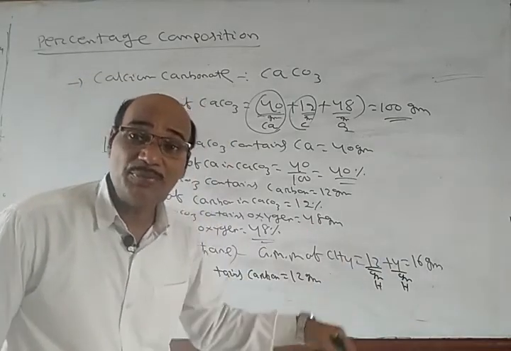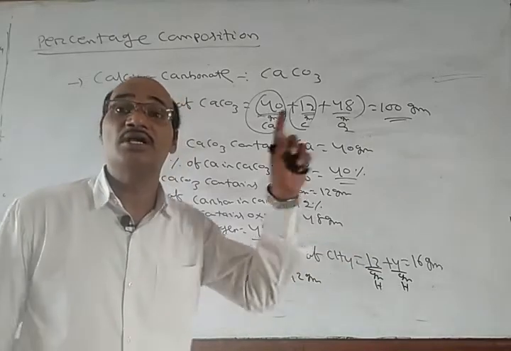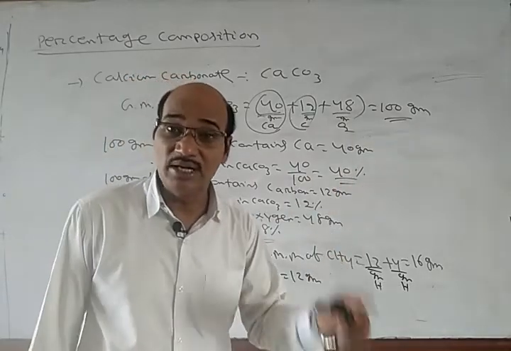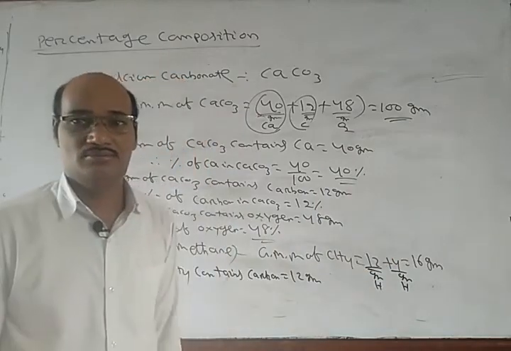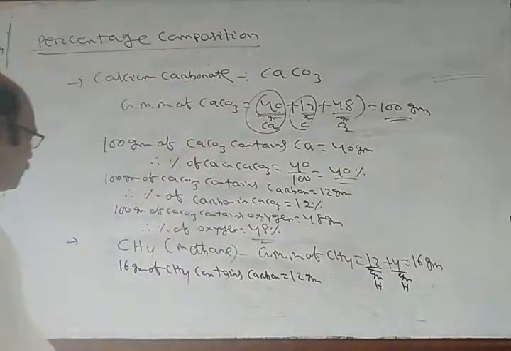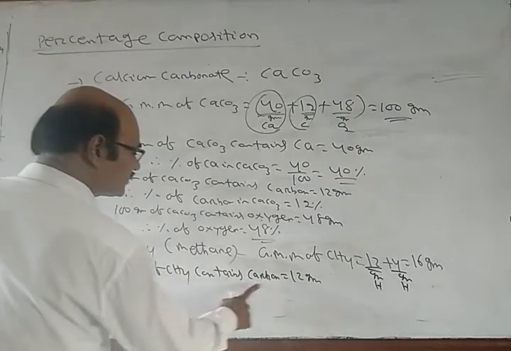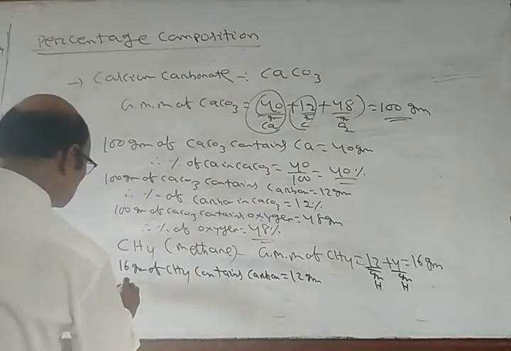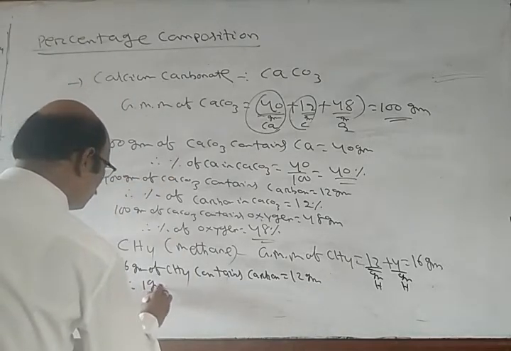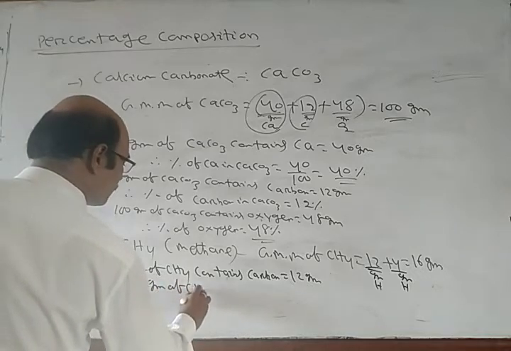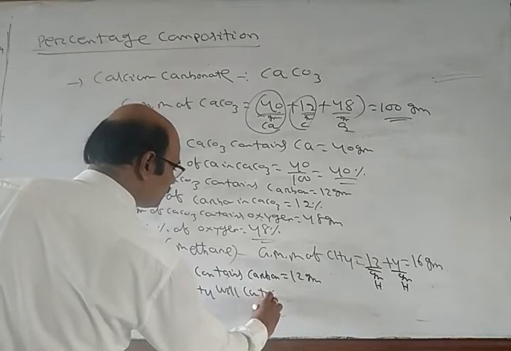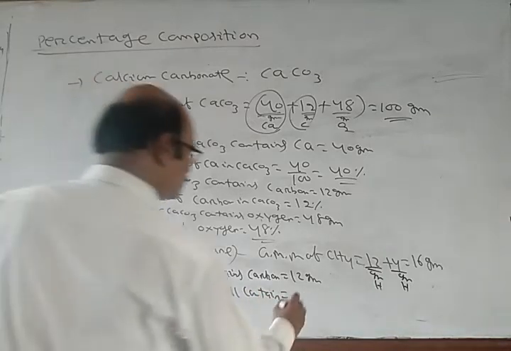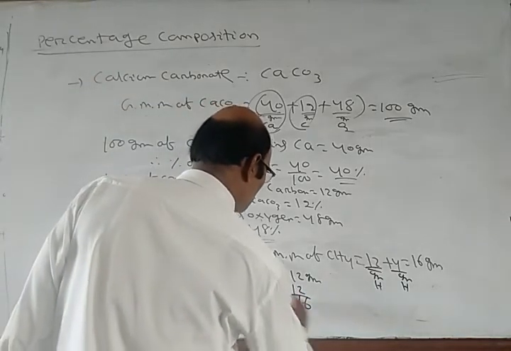So how much of carbon will be present in 100 gram of methane? That will be the percentage composition of carbon there in methane. Okay. So here 16 gram of methane contains carbon 12 gram. Therefore, 1 gram of methane will contain how much? 12 by 16.